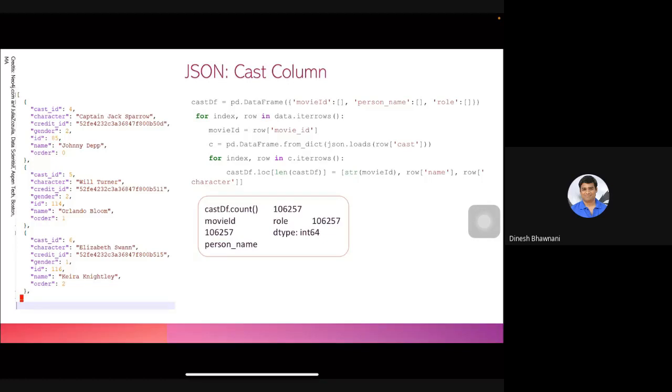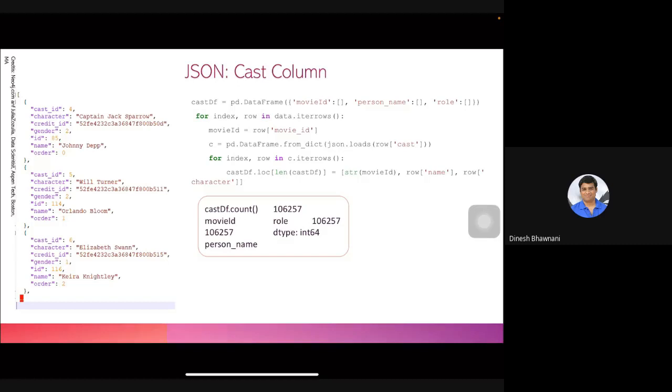So let's look at the JSON. Every time you work with the database, some JSON will always show up. Here we can see the character Jack Sparrow, credit ID. Credit ID means credits is all the people whose effort went into the film. So credit ID is part of that credits CSV file.